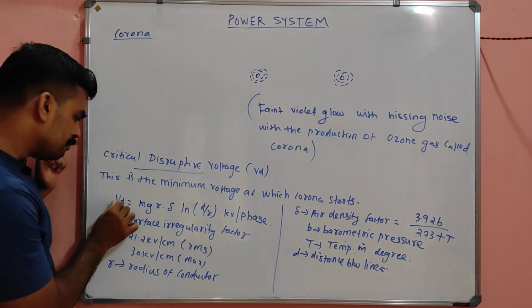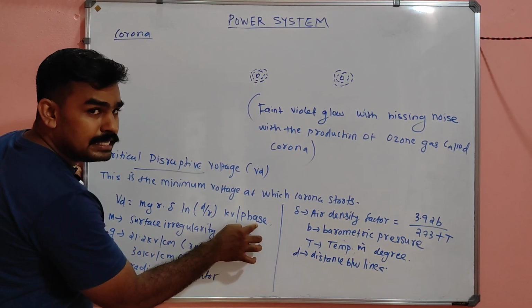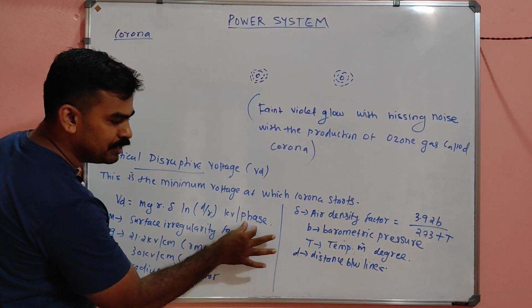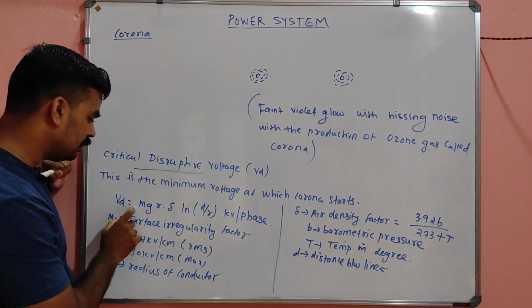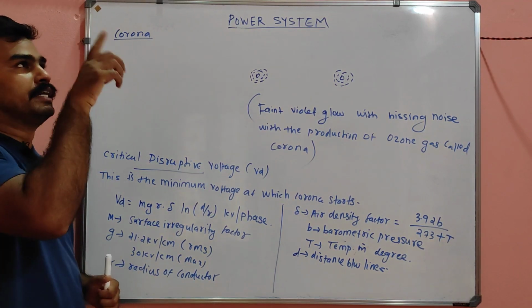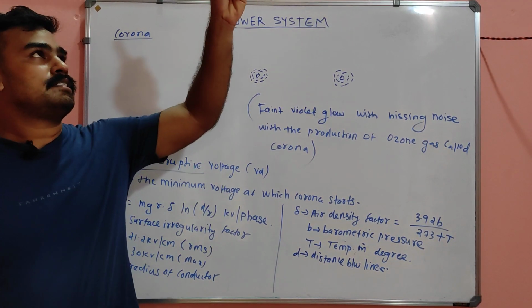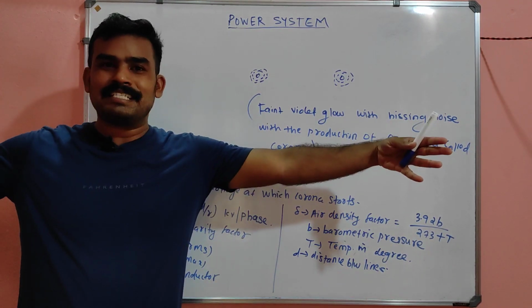So if this much voltage exists between two phases, what happens? There will be corona. I already told you that 21.2 kilovolt per 1 centimeter, there the air will break down. But this is not 1 centimeter now.